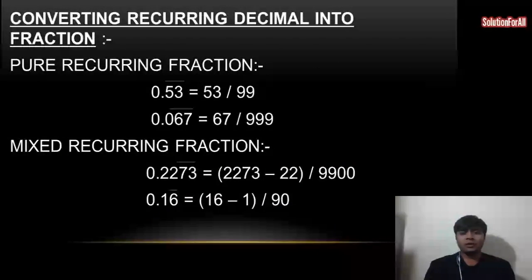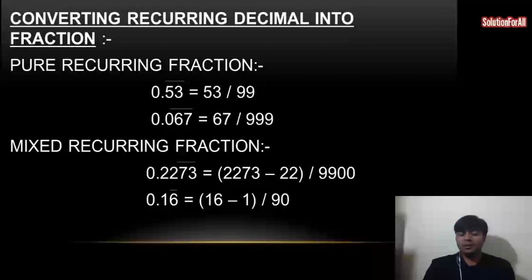Now I'll proceed to the next topic: converting a recurring decimal into a fraction. I'll explain for both types, pure recurring and mixed recurring. For the pure recurring decimal, first of all, let me take an example like 0.53. Suppose I have to write this decimal number in the form of a fraction. What I'll do is write 9 in the denominator, and how many times?